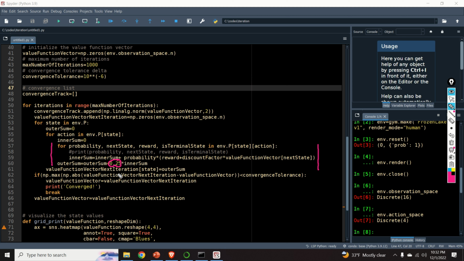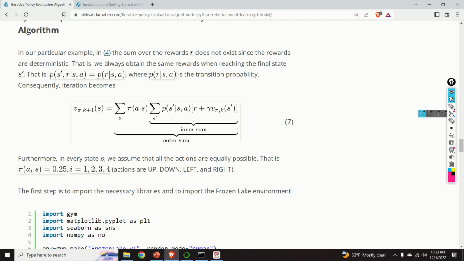This part is my probability of selecting a certain action. In my case, I'm assuming that all 4 actions are equally possible. That's why you have here 0.25. This part over here computes the inner sum. And again, the inner sum is defined over here.